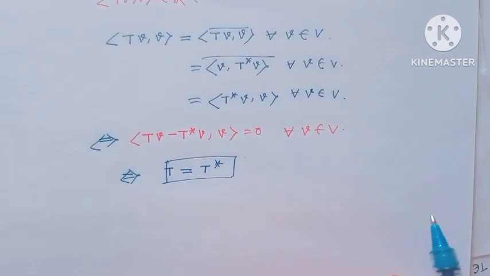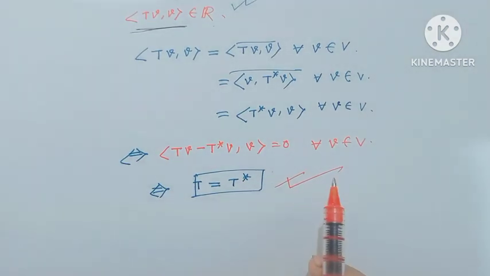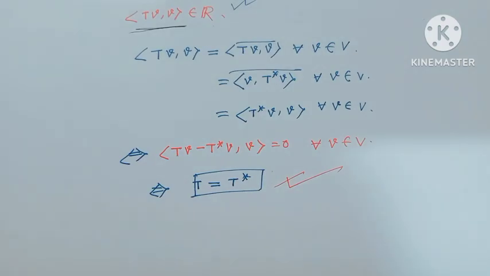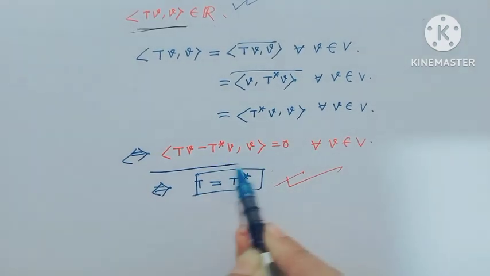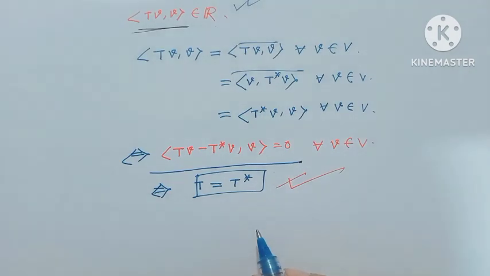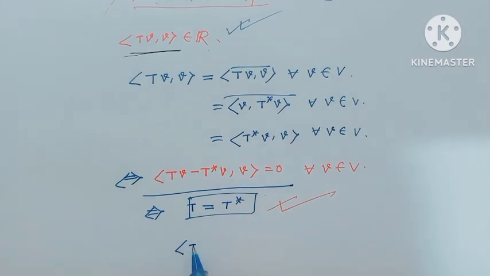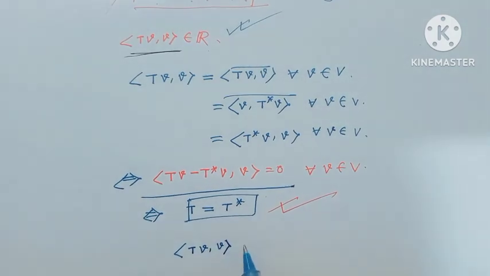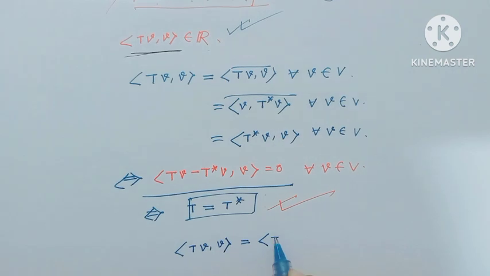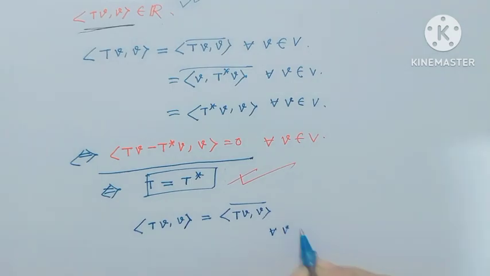Conversely, if T is a self-adjoint operator, then notice the right hand side of the equation is 0. That means this implies the inner product of Tv with v is equal to the conjugate of the inner product of Tv with v, and this is true for all v.